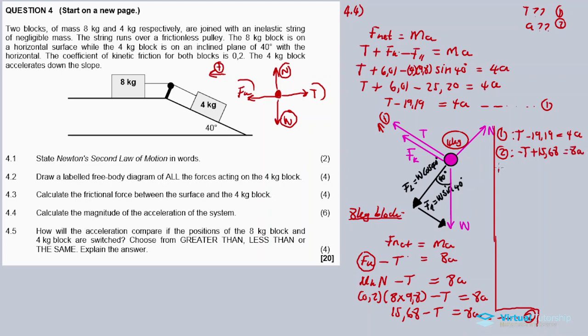So now I add equation 1 and equation 2, and we use the elimination method in this case, right?